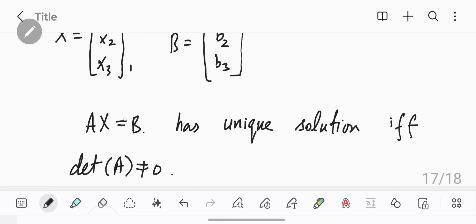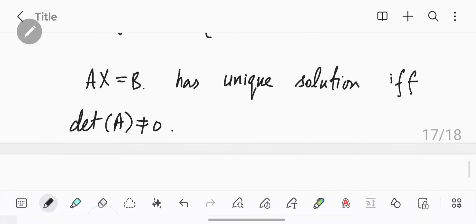In order to solve it, we have to find the value of X, so we need to shift A to the right hand side. How can we shift this matrix A to the right hand side? If they were numbers, I could just divide by A on both sides, but I can't do that because they are matrices. So we cannot divide by matrices.